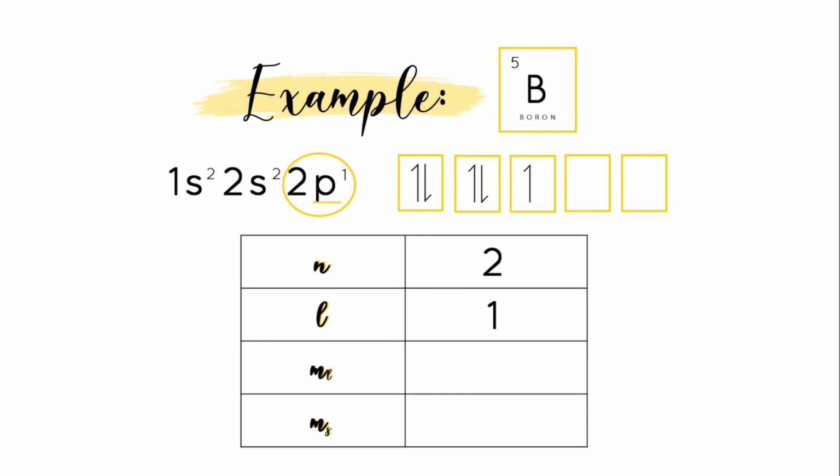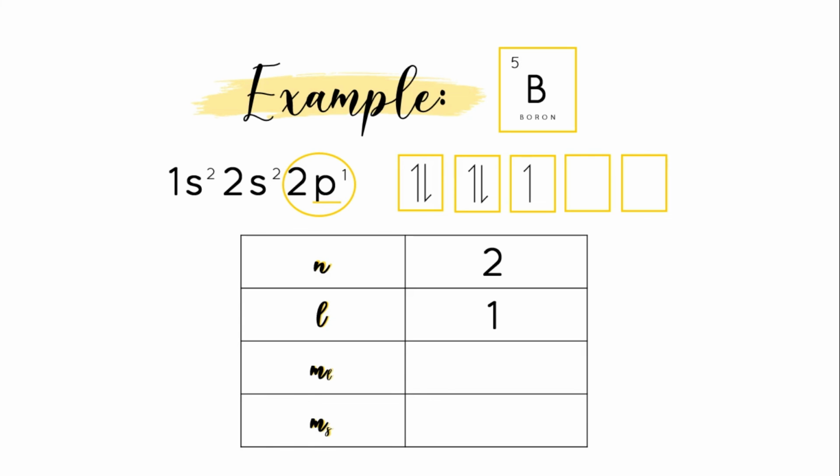Now, to determine our magnetic quantum number, we need to look at our orbital diagram. We need to label our orbital diagram. To save time, we're just going to label the boxes that correspond to our valence shell. Since our valence shell is 2p1, the boxes that correspond to this shell are the last 3 boxes.